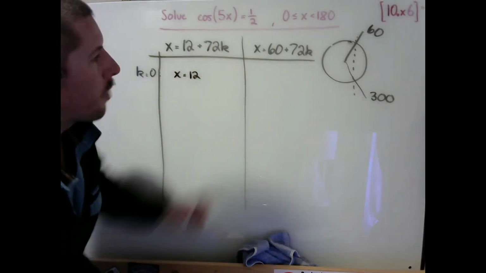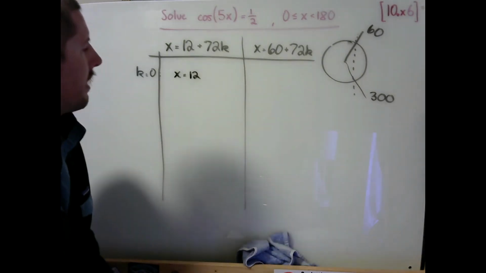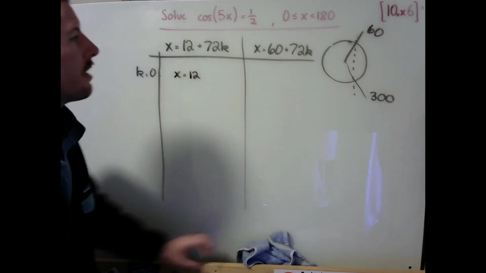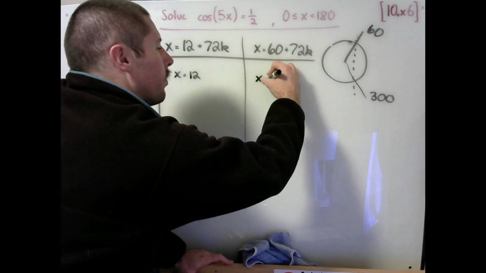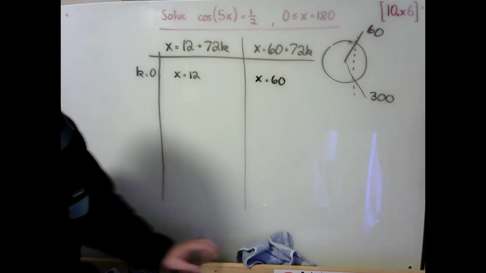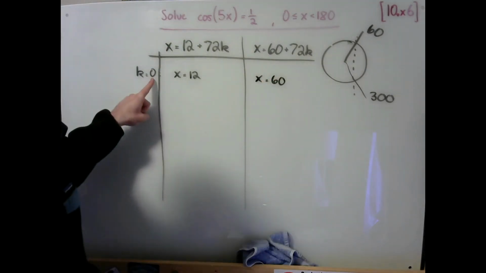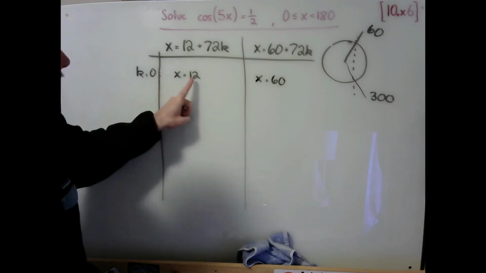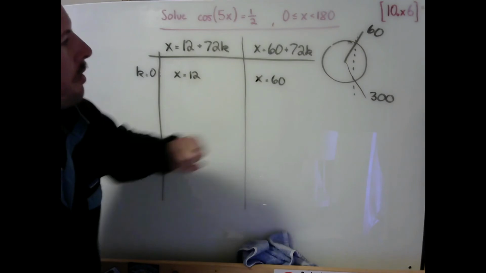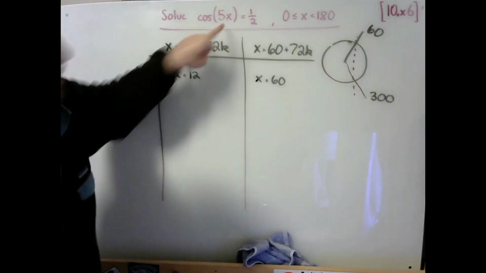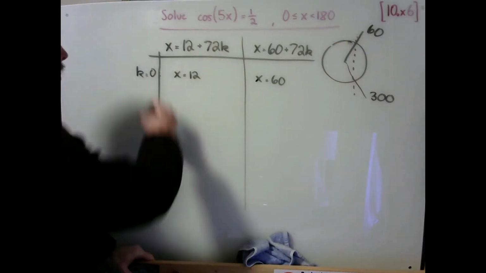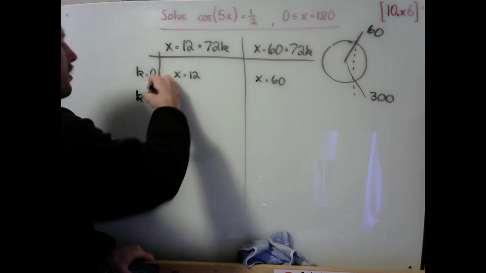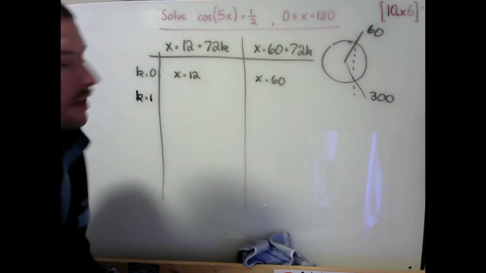And we should notice 12 is certainly within our desired span here, so it looks like 12 will be one of our solutions. Similarly over here, we'll get 60 when we use k as 0. This says don't do any additional laps, just be at your original locations. And you should notice that 60 divided by 5 and 300 divided by 5 is where those values came from. Now we'll say, okay, maybe there are some more solutions out there that still live within our desired interval.